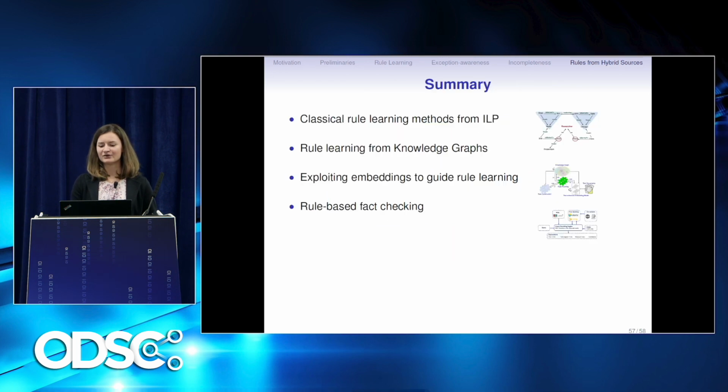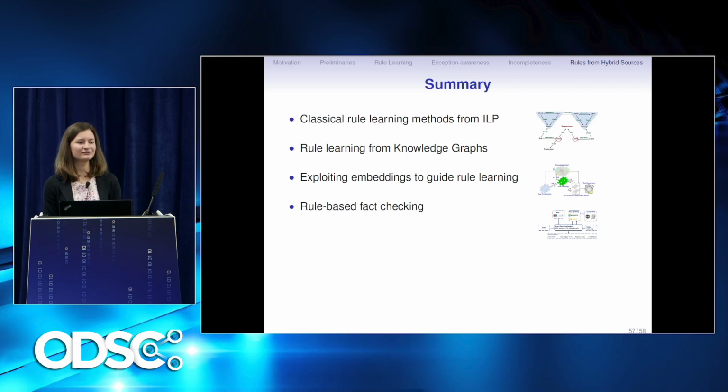Right. So let me just summarize the things that were presented so far. What we've seen is various classical rule learning methods from inductive logic programming, basically the key techniques that are being used in this context.